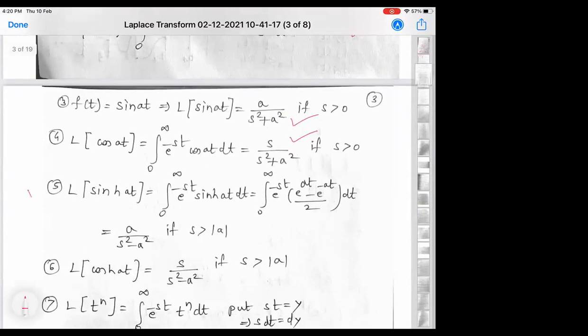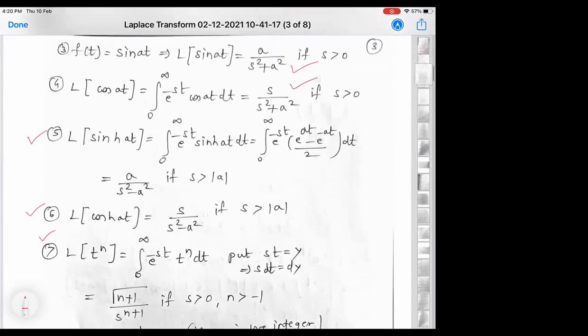Results number 5, 6 and 7, please write down, for the hyperbolic functions. Five is sine hyperbolic at, and six is cos hyperbolic at. Those functions are written in exponential form and simplified. Sine hyperbolic at gives the transformed answer a upon s square minus a square; do it as homework and just verify the answer.